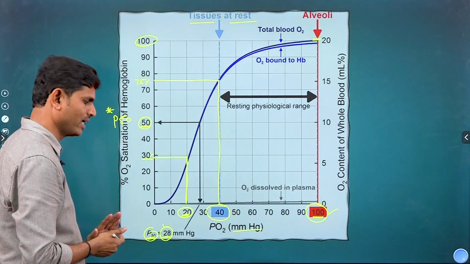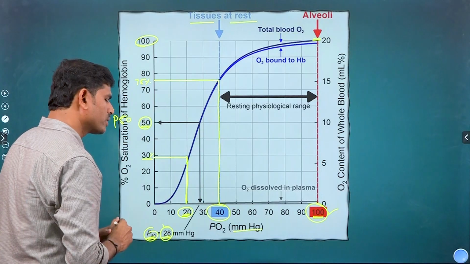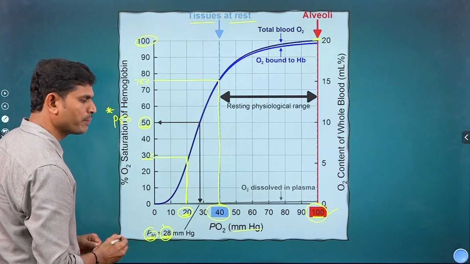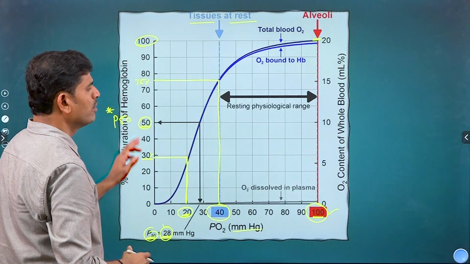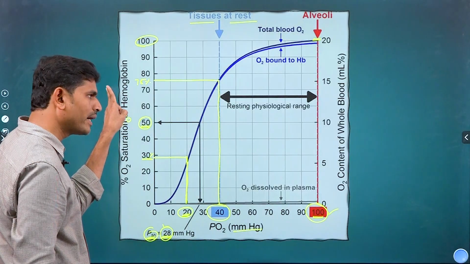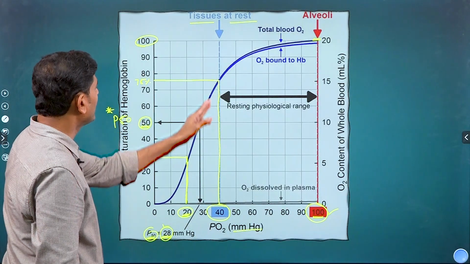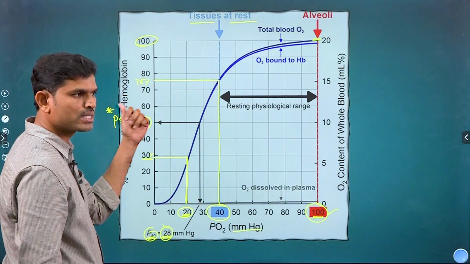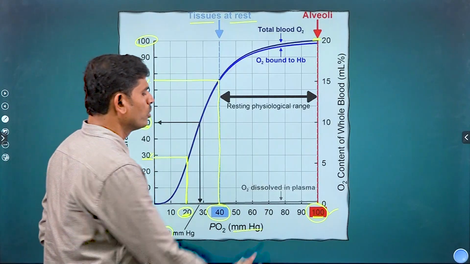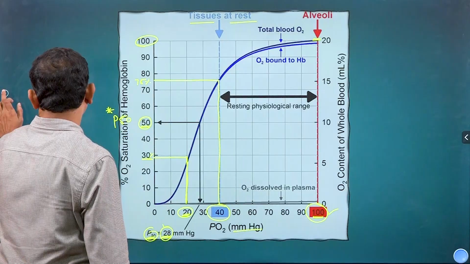This 50% saturation occurs at 28 mmHg PO2, meaning here two oxygen molecules form bonds with the hemoglobin. At 75%, as we saw previously, 3 oxygen molecules form bonds with the hemoglobin, and here 4 oxygen molecules form bonds with the hemoglobin.